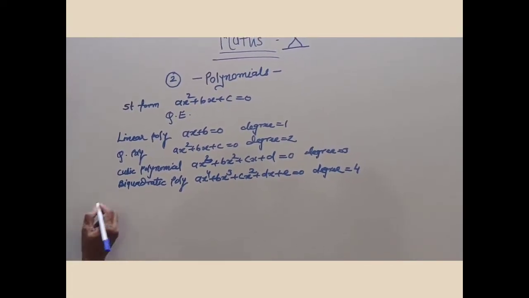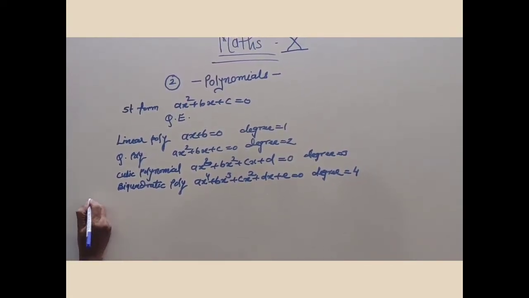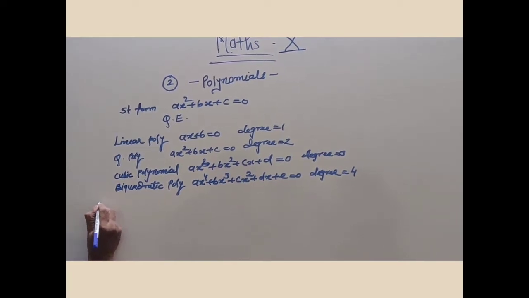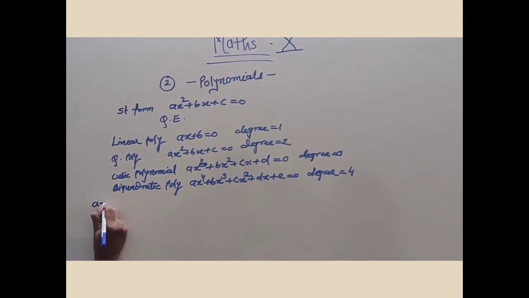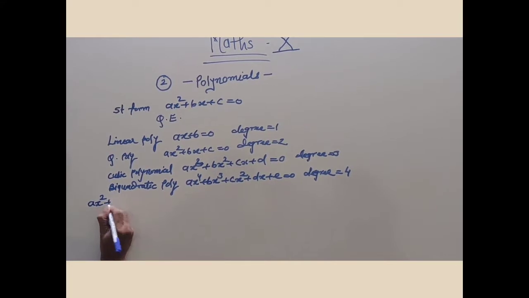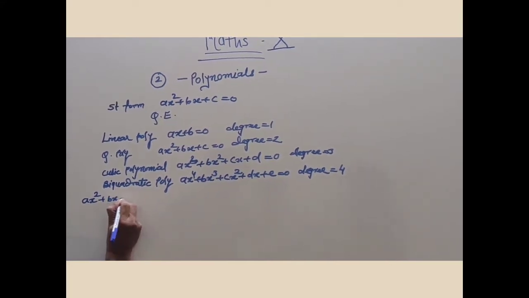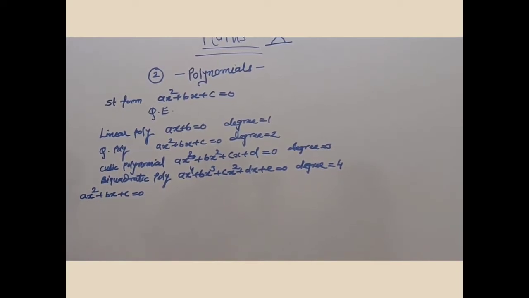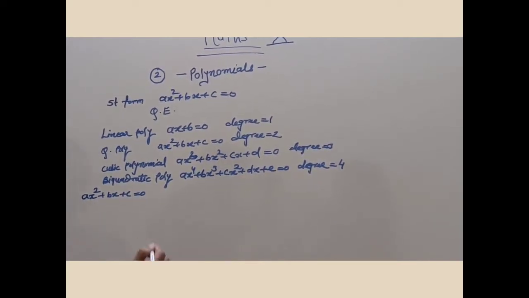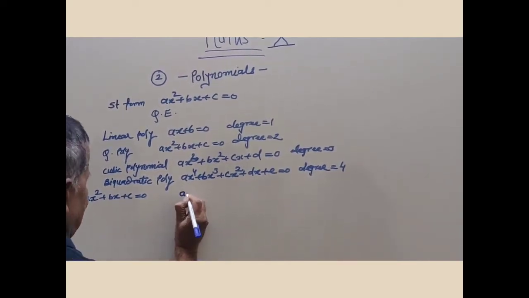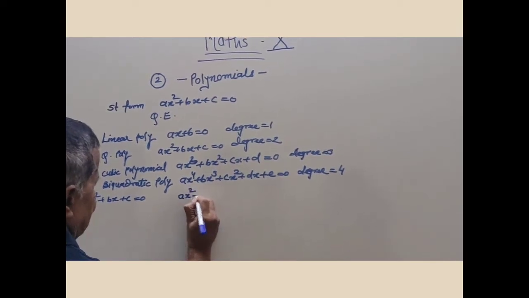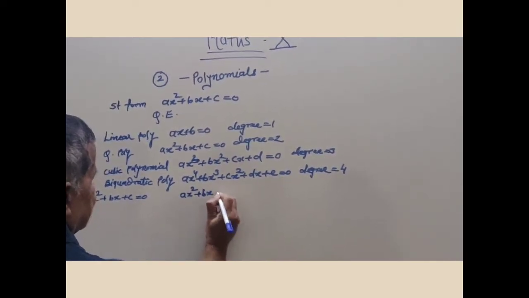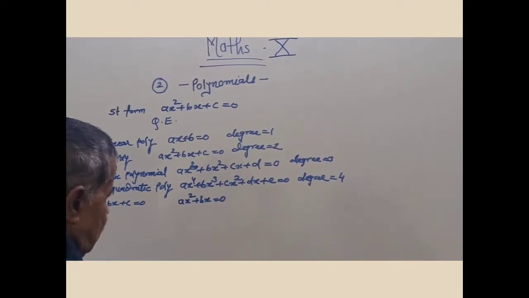But in 10th standard, in the first exercise, you only have to solve this type of equation, means quadratic equation. The second type is ax square plus bx is equal to 0.